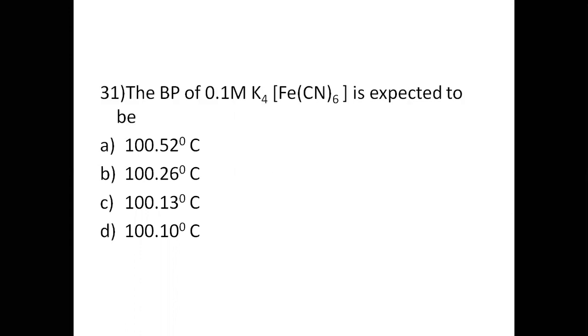Usually what happens in the previous manner, if we solve, we get 100.06 or so, then we make the nearest answer 100.10 also. That is wrong. So the answer is B.